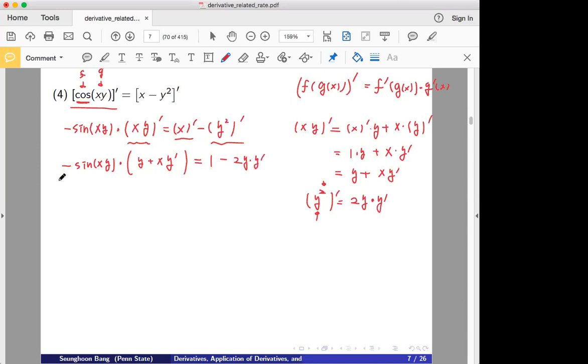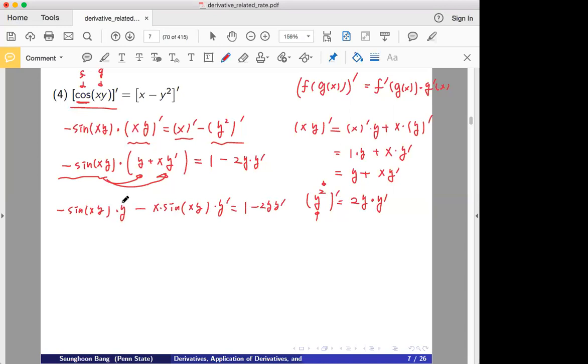The next, distribute negative sine of xy to the first and second one. Negative sine of xy times y plus, not negative, this is negative, the negative x times sine of xy times y prime equals 1 minus 2y y prime, the same.